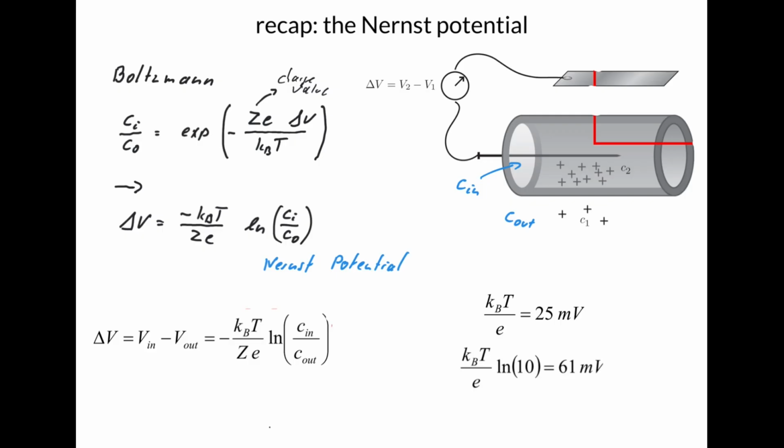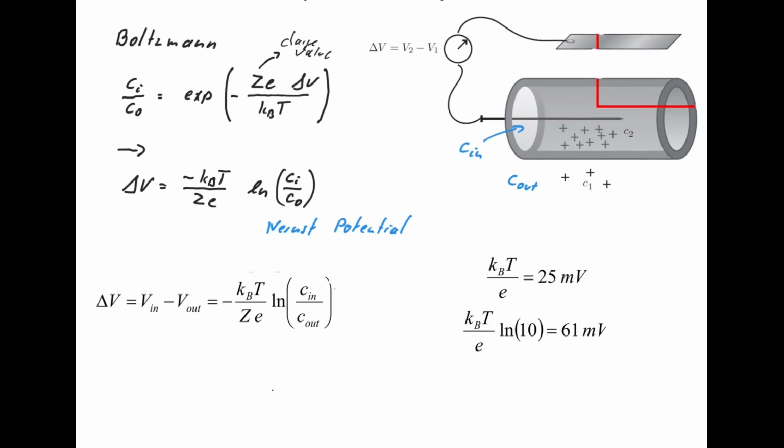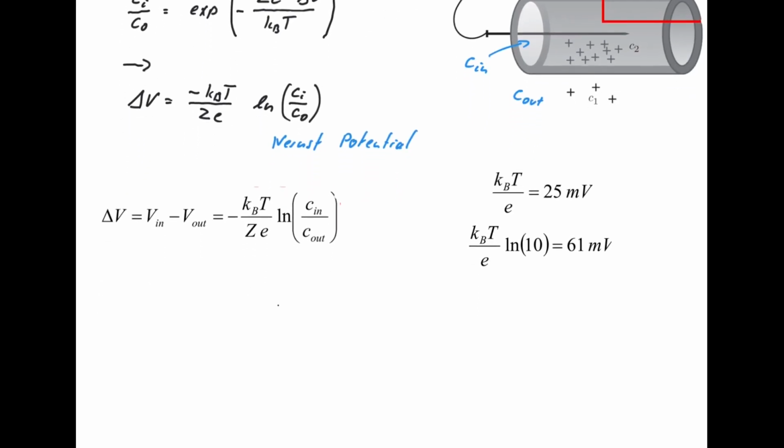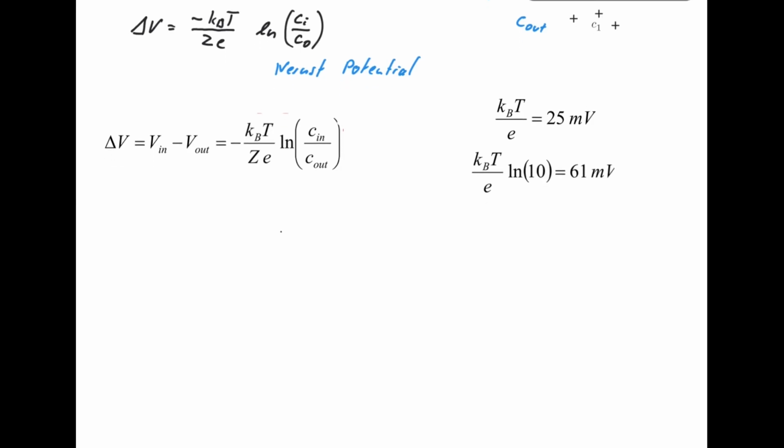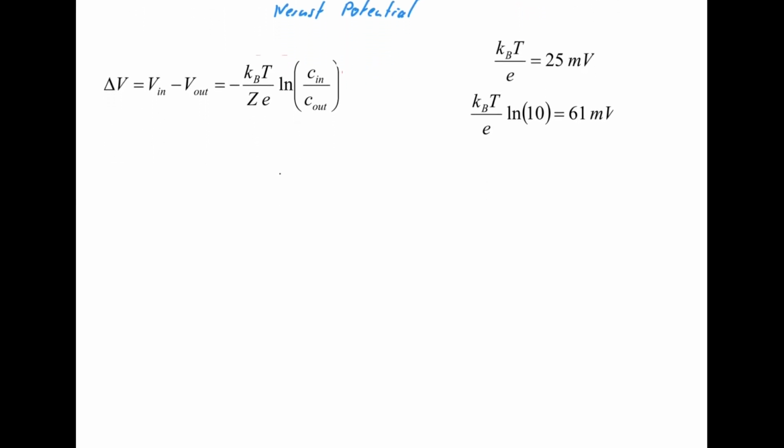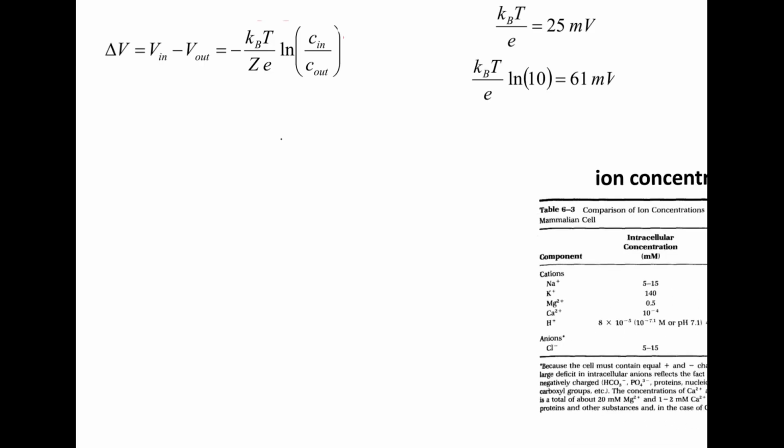Now let's look for this relation in cells and for the various ions. If we consider the sodium ions, where we have a low intracellular concentration and a high extracellular concentration, and apply the equation, we obtain a Nernst potential of 67 millivolt. If we do the same for the potassium, where we have a high intracellular concentration and low extracellular concentration, we obtain a membrane potential of minus 83 millivolt.